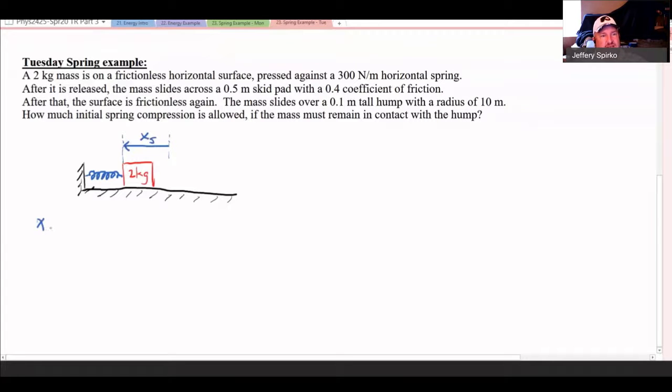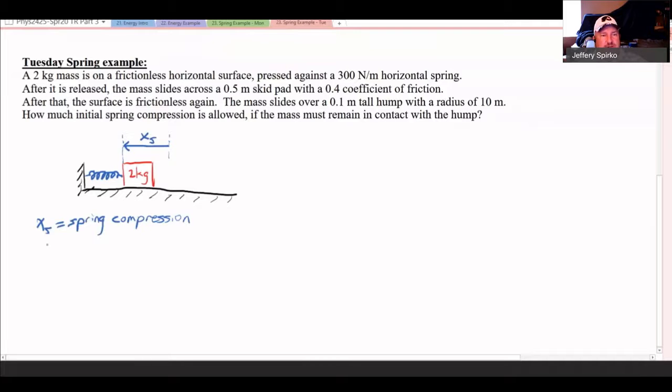So here is x sub s, the initial compression of the spring. And actually, it would be better just to call this the spring compression because it's a value that can change.